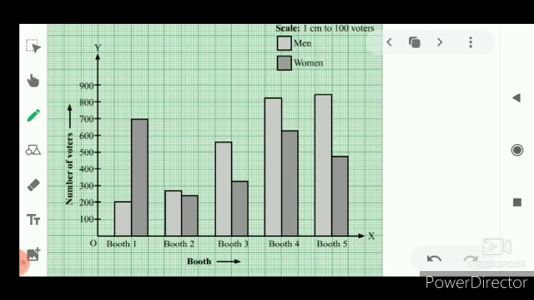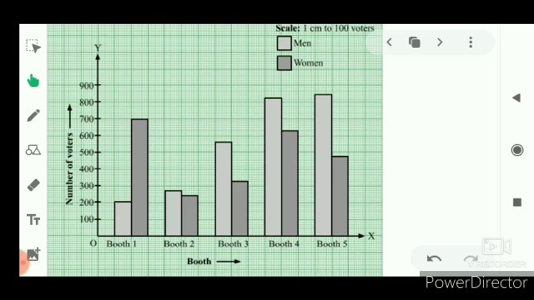Here we have taken booth numbers 1, 2, 3, 4 and 5, and on the y-axis we have taken the number of votes 100, 200, 300 up to 900. We have also mentioned that the light color indicates men and dark color indicates women. It is not necessary to take this gray color. We can take any color or any design for one person, or one group of persons.